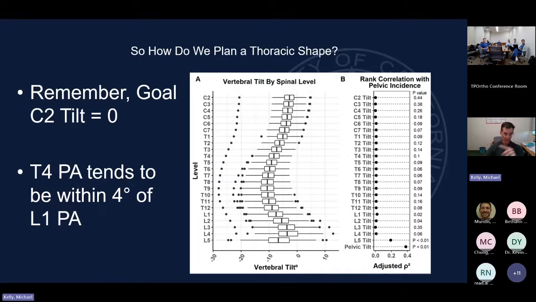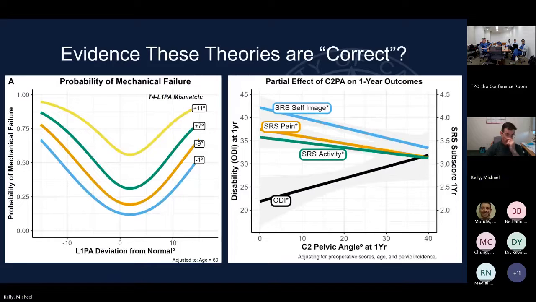T4 is related to L1. L1 is the 50% of PI minus 20. You've got to figure out where your L1 is going to be to then describe where your T4 needs to be. Is there any evidence that what I'm saying about this normal alignment is true? So these are the 2 graphs from a paper in press at JBJS, where we used the old ISSG database.